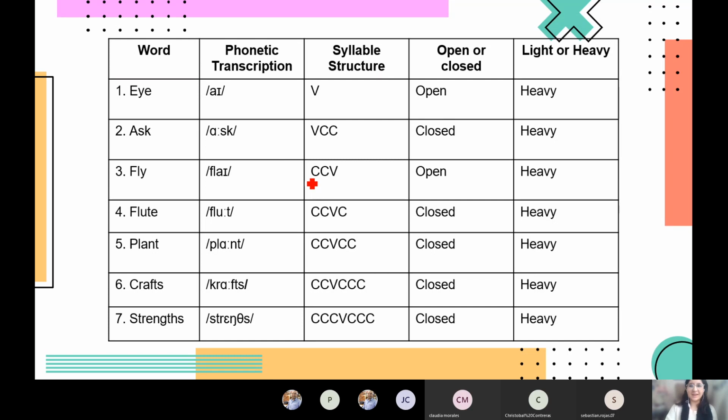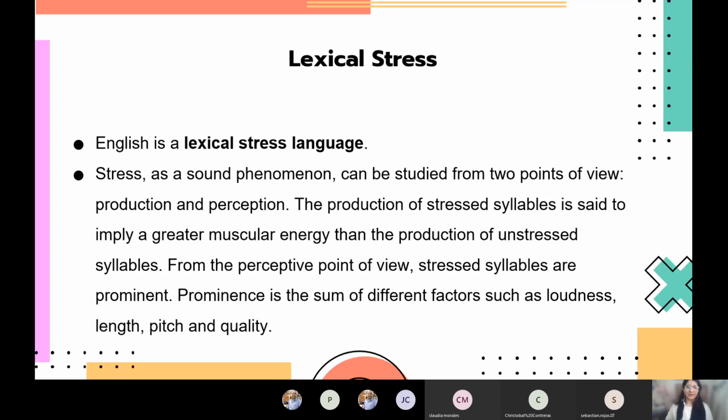So now we are going to talk about lexical stress once again. And I'm going to read the first point because it's very short. It says English is a lexical language, as we all know. So now, Patricio, can you help me with this paragraph, please?